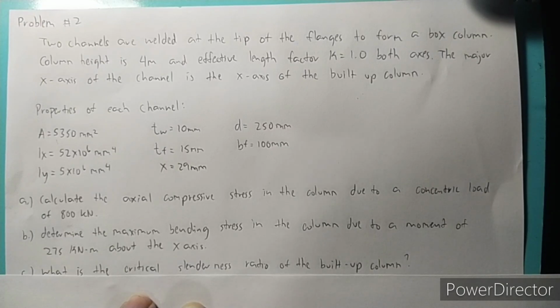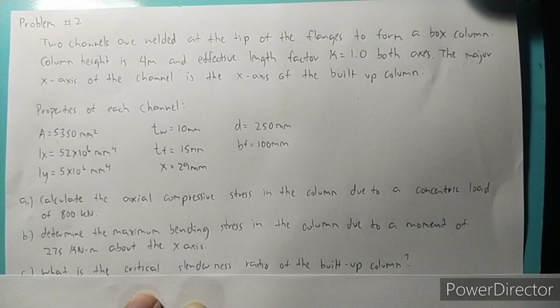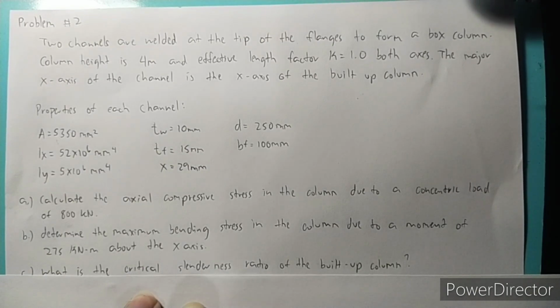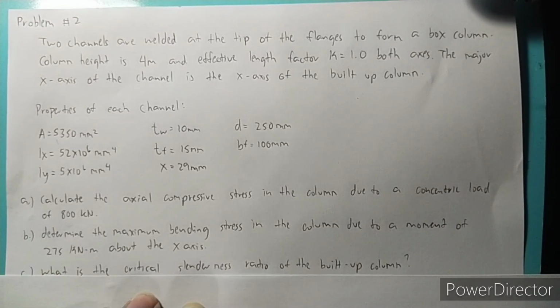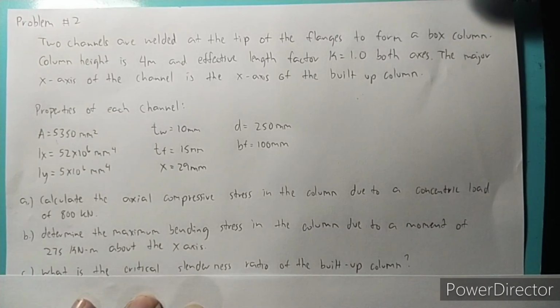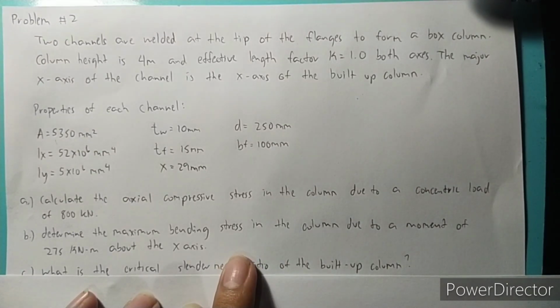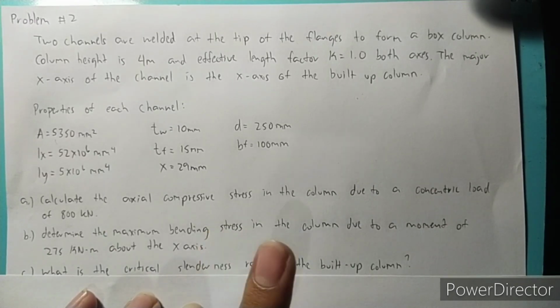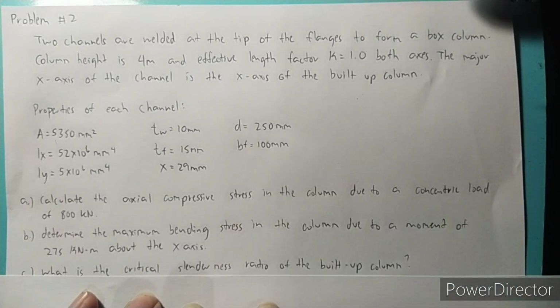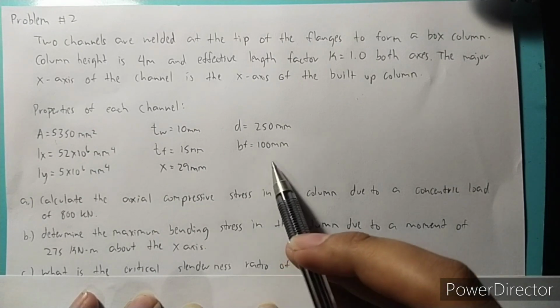Properties of each channel: area is 5,350 mm squared; moment of inertia with respect to the x-axis is 52 times 10 raised to 6 mm to the fourth; with respect to y is 5 times 10 raised to 6. Web thickness TW is 10 mm, flange thickness TF is 15 mm, X is 29 mm, depth D is 250 mm, and the base of flange BF is 100 mm.